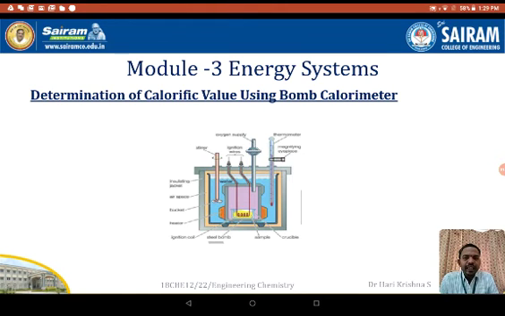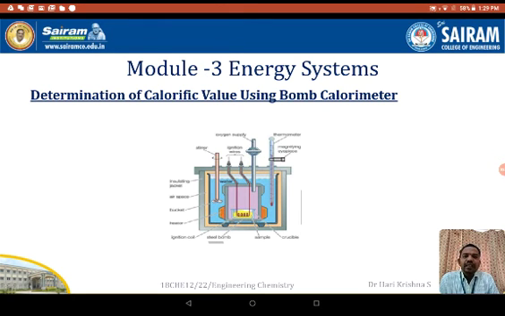This bomb is equipped with an oxygen valve and also an electric ignition system. The oxygen valve is used to supply oxygen. We cannot ignite the fuel by just opening the valve, right? Therefore, an electric ignition system is there in order to ignite the fuel.